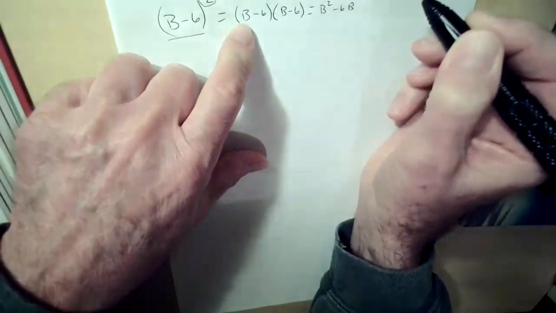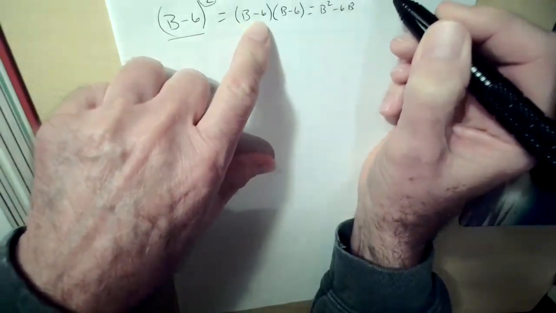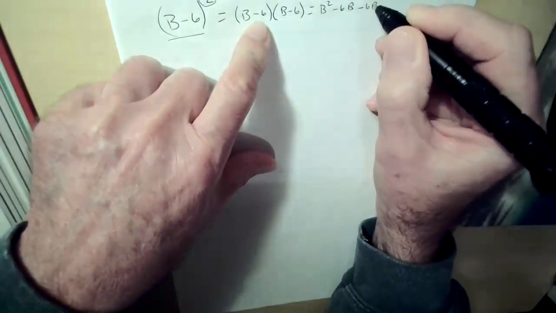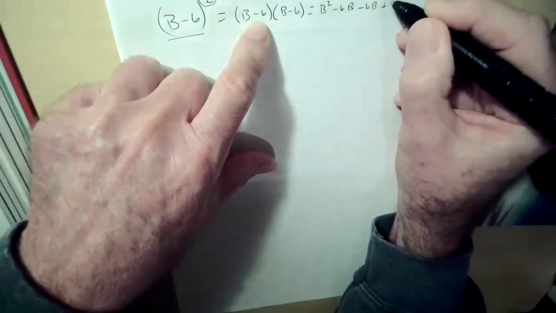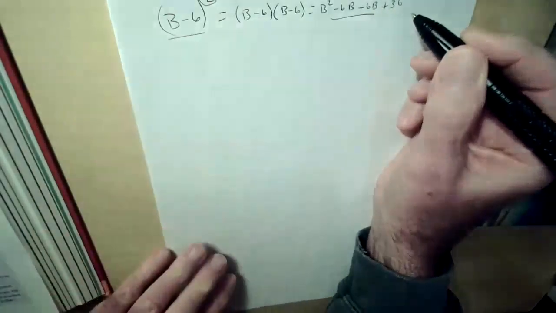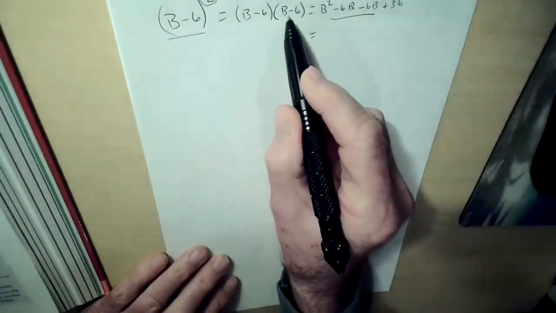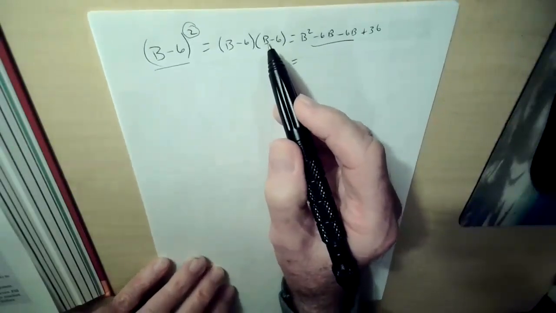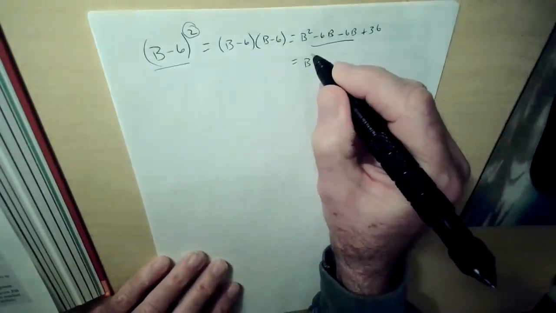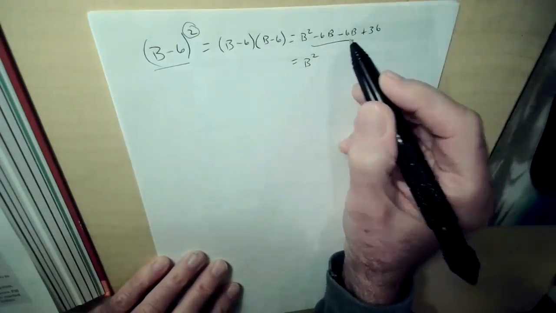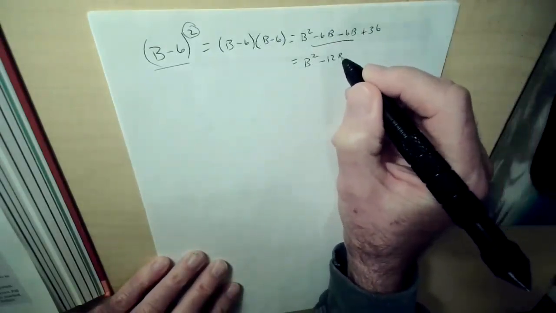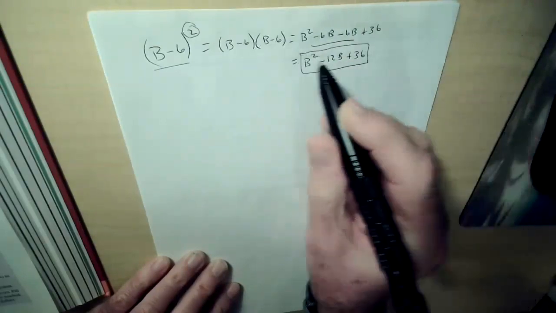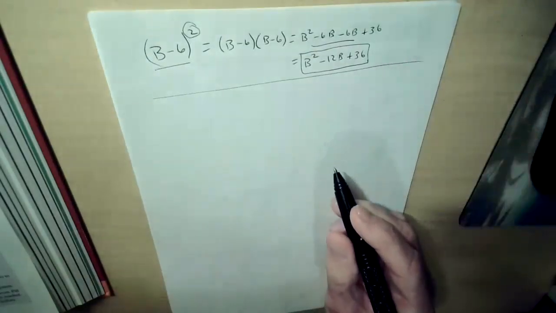That equals, now we take b and multiply it times everything over here. We'll get b squared minus 6b, right? We do the same thing with the negative 6. Negative 6 times b is negative 6b. Negative 6 times negative 6 is a positive 36. Those two terms are common. Is this a conjugate here? No. Oops, sorry, can y'all see that? And so we get b squared. Negative 6b and negative 6b is a negative 12b plus 36.